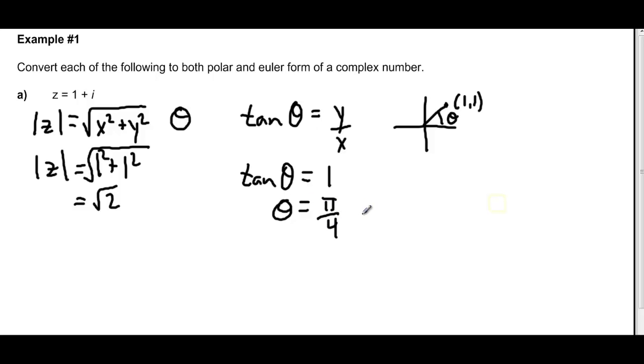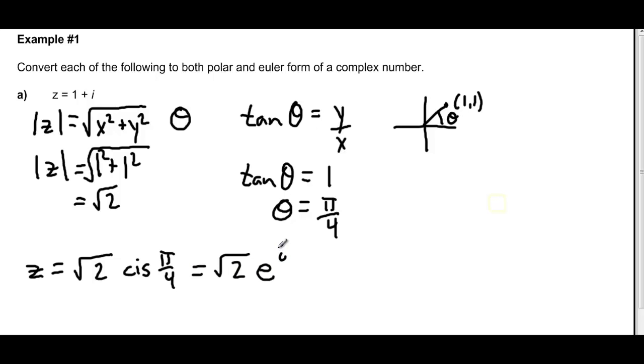Remember, for complex numbers, we're looking at theta always being between negative pi and pi, so that means radians. So our answer, z, could be written as root 2 cis of pi over 4, or root 2 in Euler form, e to the i pi over 4.